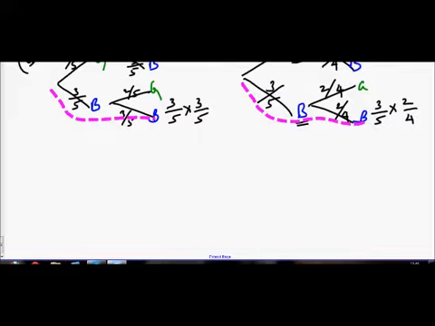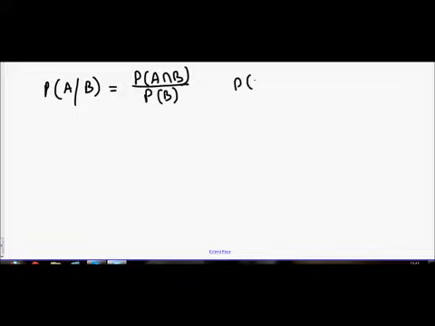Mostly for problems like this, I would prefer you use the tree diagram or the Venn diagram, a diagrammatic representation. So the formula for conditional probability, A given B, is P of A intersection B divided by P of B, and obviously P of B should not be equal to 0.